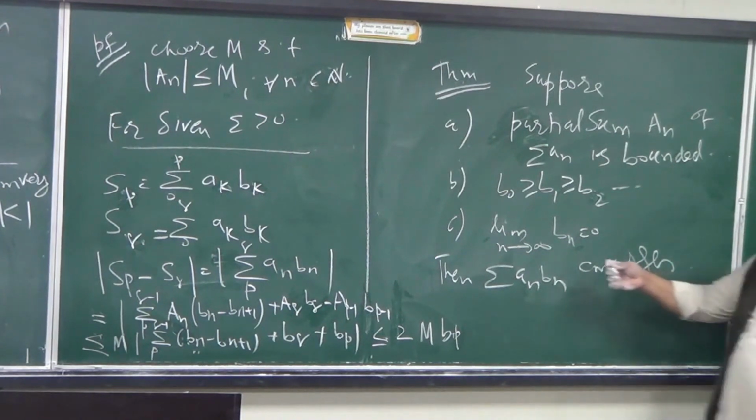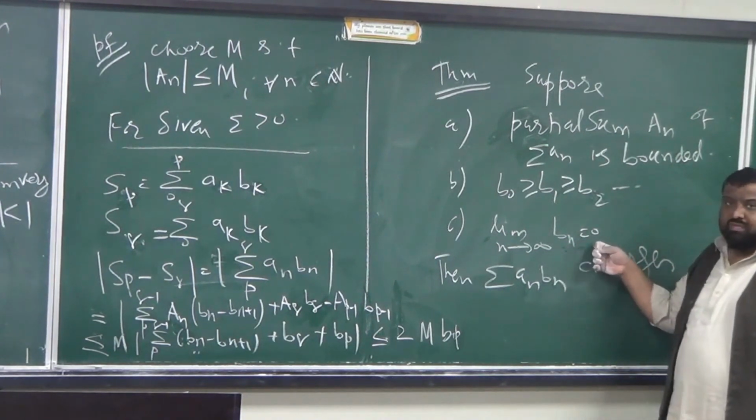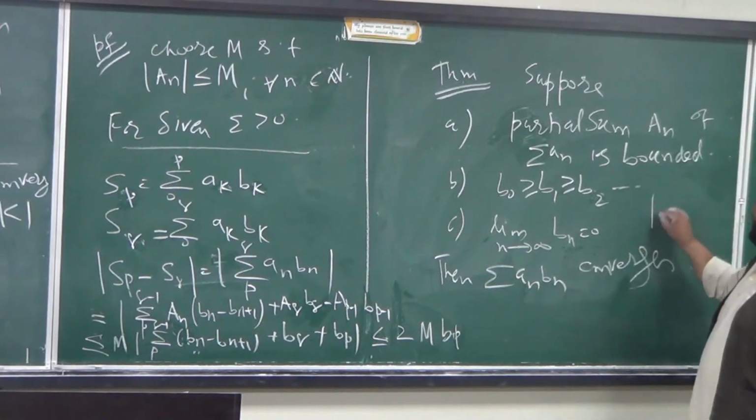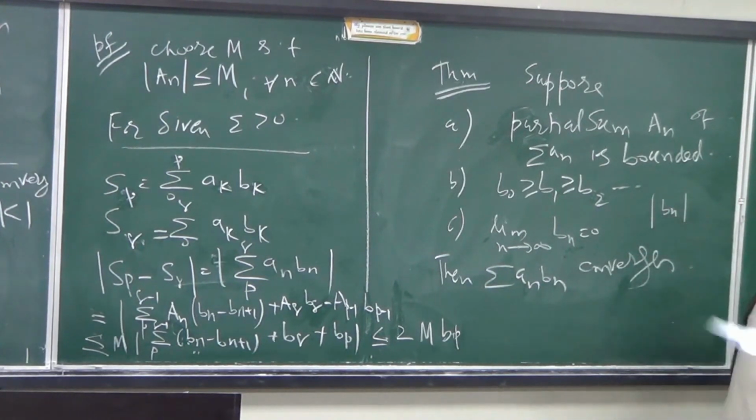Why? Because Bn converges to 0. If this converges to 0, I can make Bn less than epsilon for all n bigger than or equal to capital N. So not only less than epsilon, but less than, say for example, epsilon by 2M, because of the convergence.